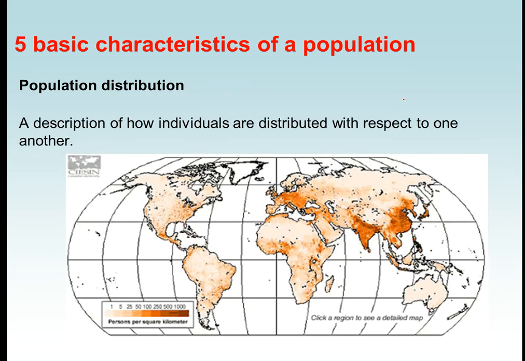Here's population distribution, our third characteristic, a description of how individuals are distributed with respect to one another. Population density is those straight numbers per unit area. This is how the population is distributed with respect to one another. Again, you'll see some commonalities there with the more densely populated areas versus the less.